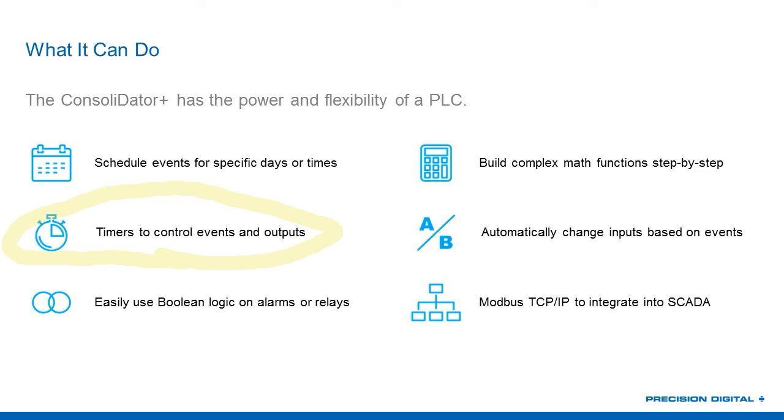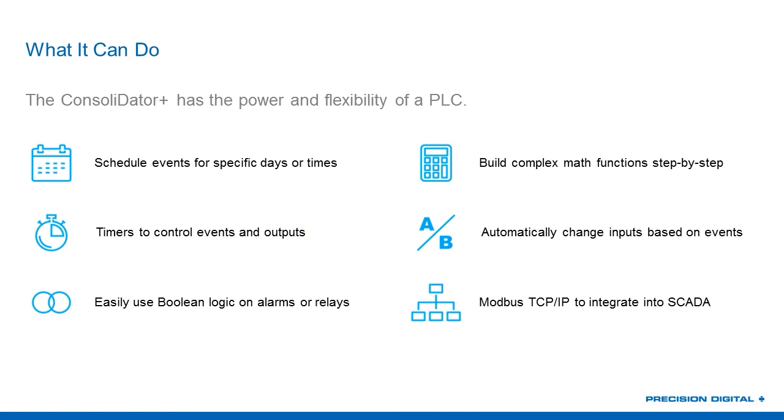Well, what I can do is set up a timer so that when that high alarm is triggered, a timer will start counting. And when it hits a certain threshold, like 5 minutes, 6 minutes, however long you want, it then throws off an additional alarm that says, hey guys, I've been over here with a high alarm status for 5 minutes now. Someone needs to take care of it. So that's one small example of what we can do with the timers on this device.